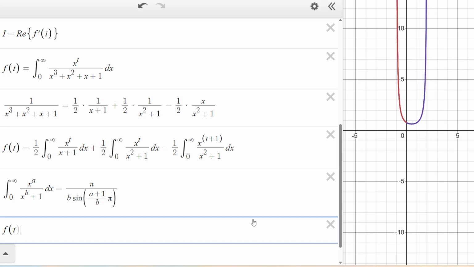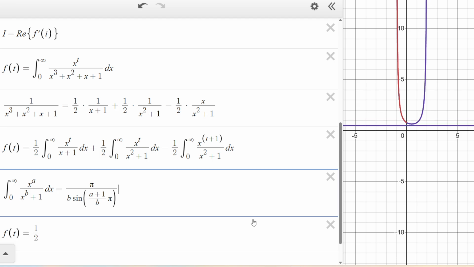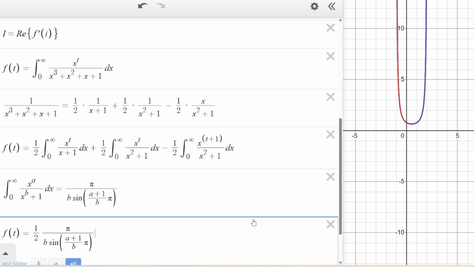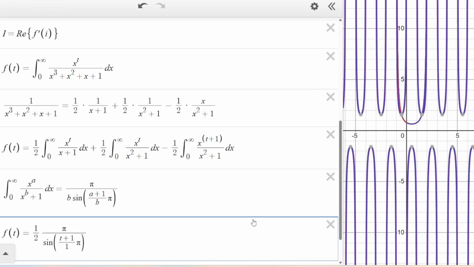F of t is now going to be equal to 1/2 times this thing when, let's see, what's our b? Our b is 1. And what's our a? Our a in this case is t. So that's just t. All right.